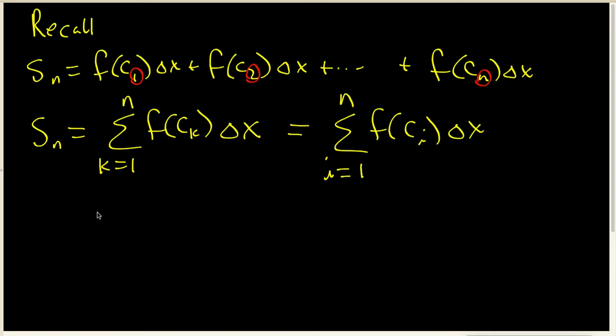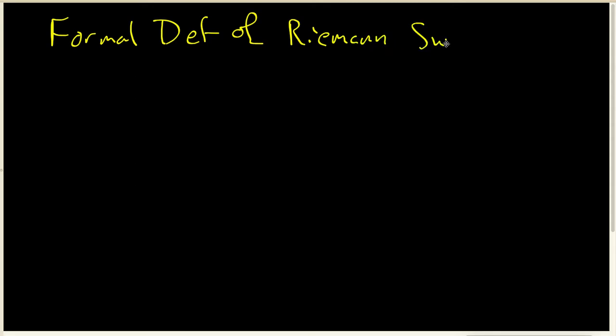Now I want to think about what this says in terms of the Riemann sum, so that we know how to read this, and I want to state the formal definition of what a Riemann sum is. The formal definition of a Riemann sum can now be written very compactly as, this is a formal definition for a Riemann sum for the integral between a and b of f of x dx.